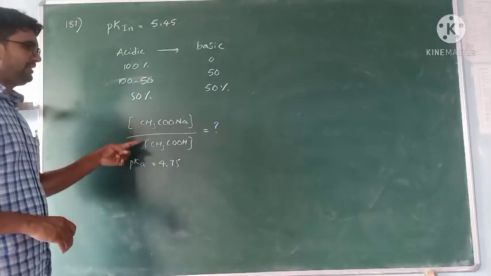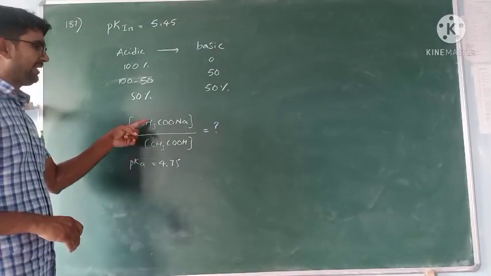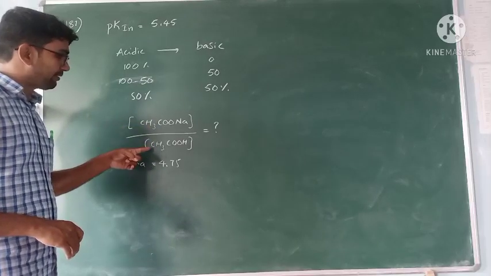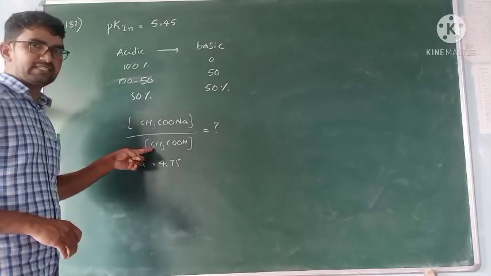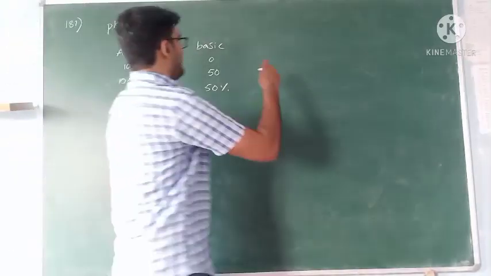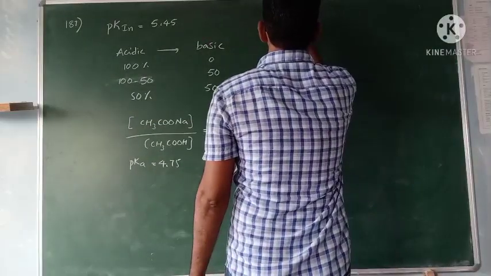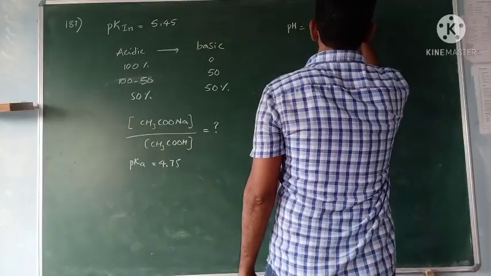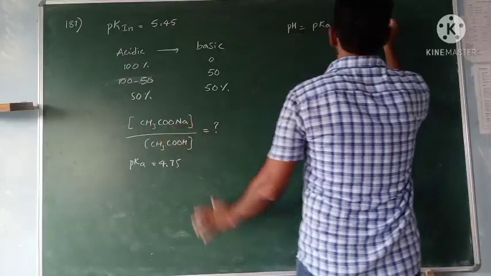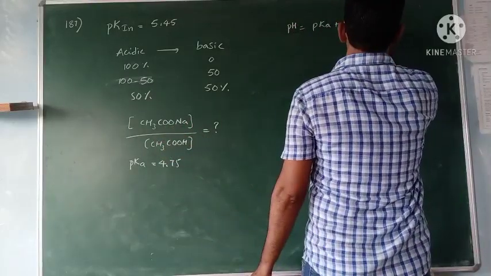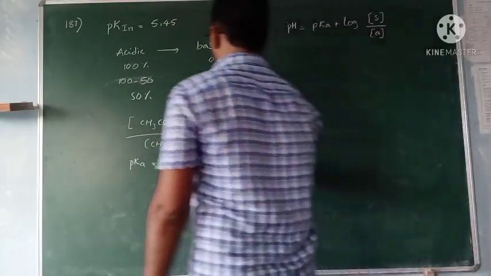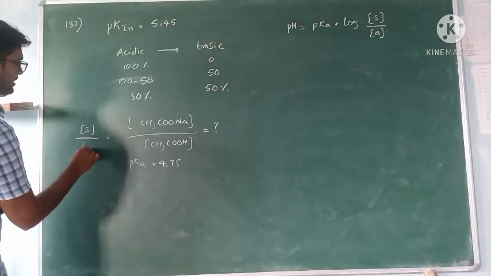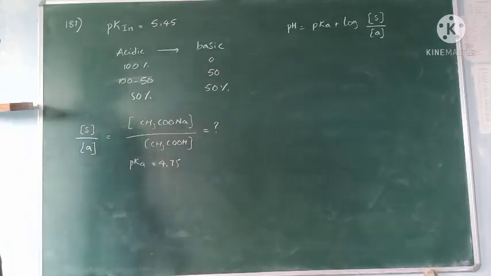This one is a salt of a weak acid, so it is an acidic buffer. We know that very clearly. For an acidic buffer, pH is equal to pKa plus log concentration of salt by concentration of acid. This is the value we have to calculate: concentration of salt by concentration of acid.